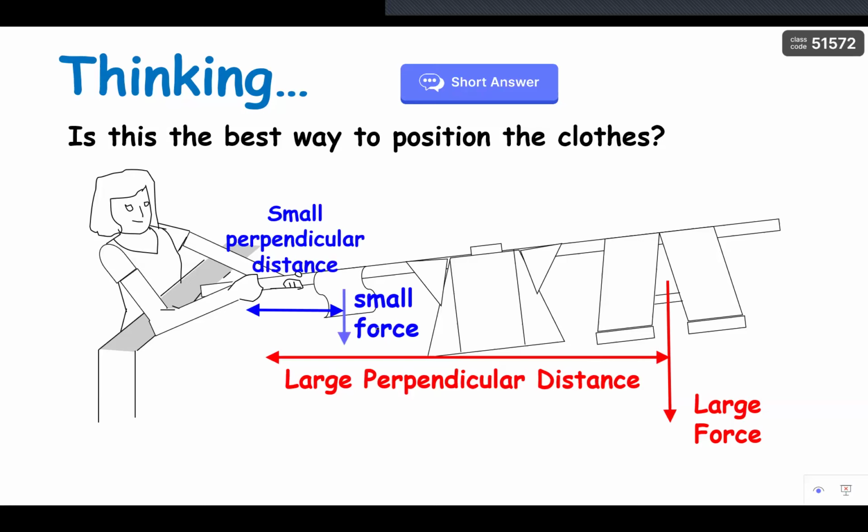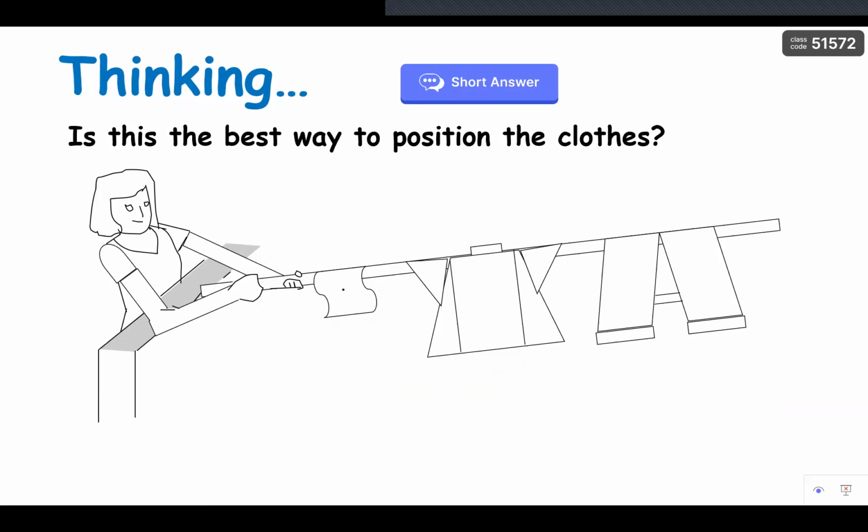This will give me a very small moment, but overall, when I add up everything, the red color moment plus the blue color moment, I get a very large moment because of this red color one. Large force, large distance.